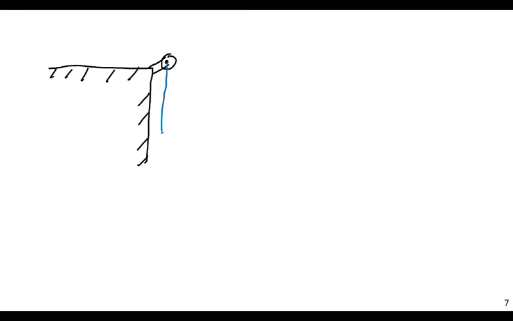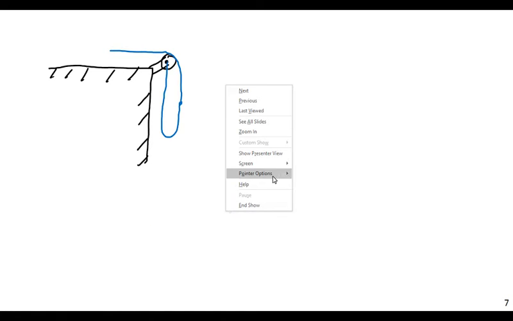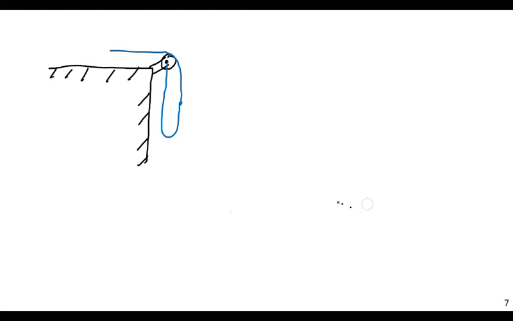This will wrap around another, smaller pulley, then come up here, wrap around, and connect to this. There will be a pulley here, and hanging from this will be a weight.